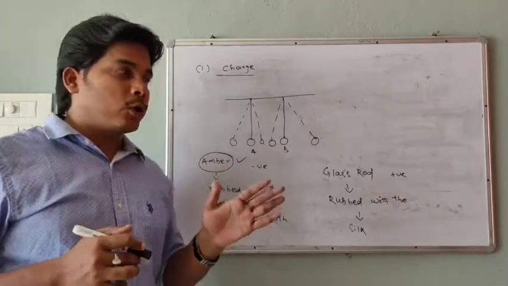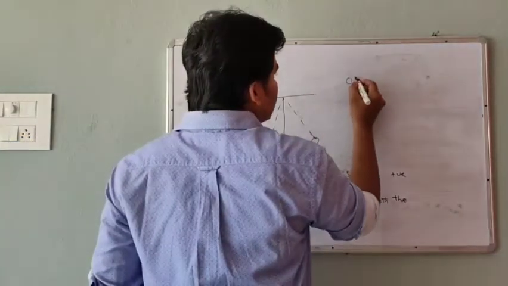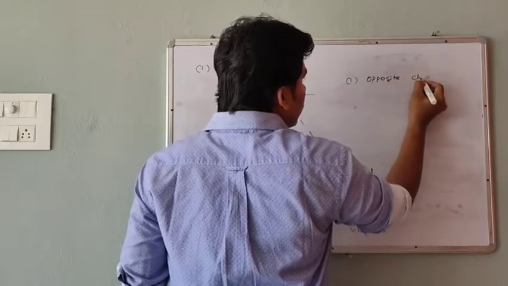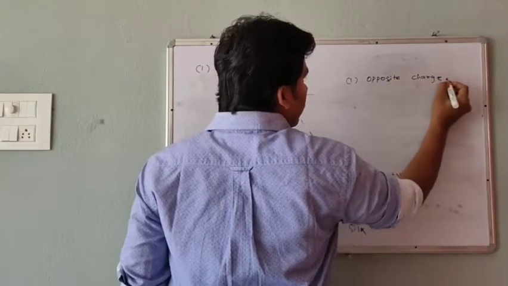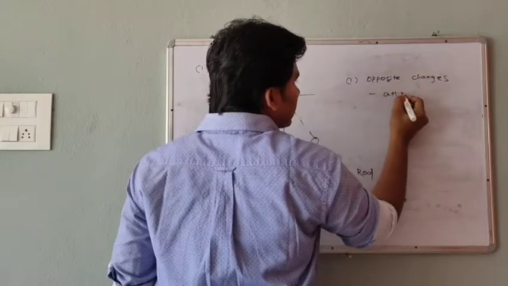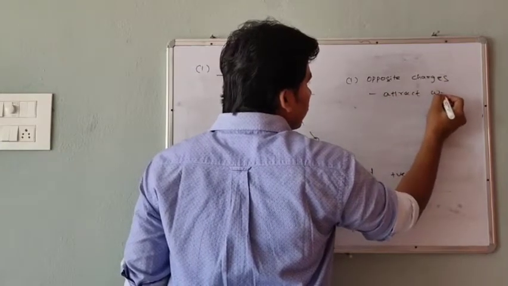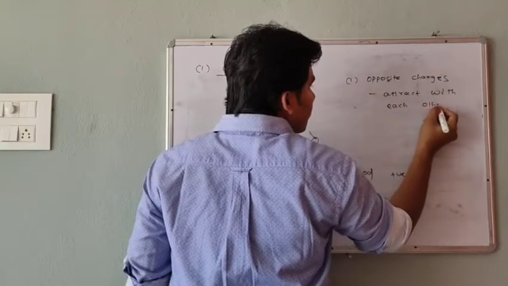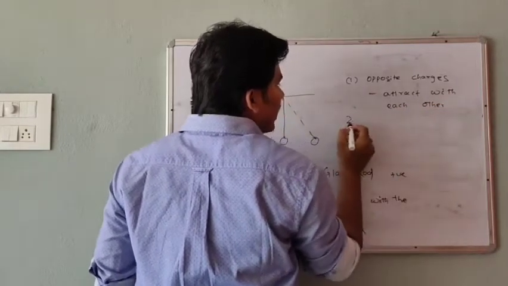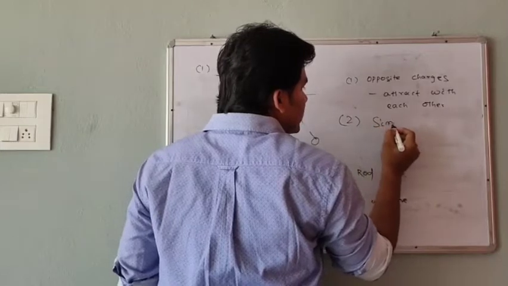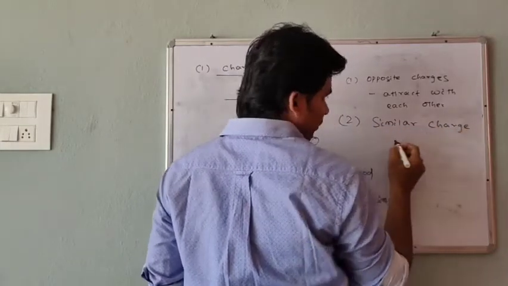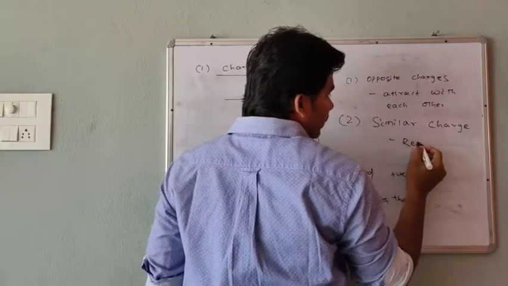From this we can conclude, first, that opposite charges attract each other, and second, that similar charges, the same charges, repel each other.